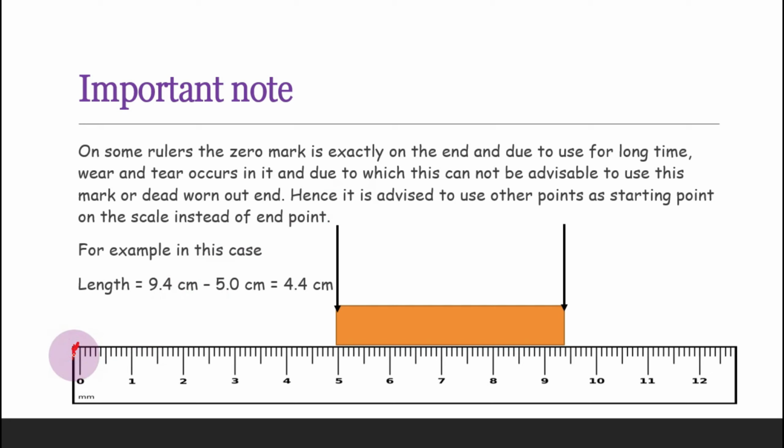These two are called inside jaws, and they are used to measure internal diameter. For example, here is a small beaker and you want to find out the inside diameter, so you will use these jaws for it. These two jaws are used to find out the external diameter.